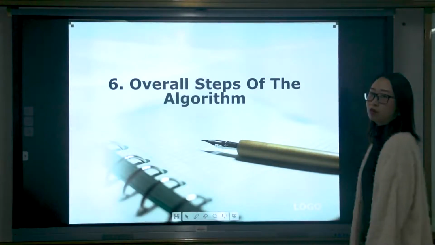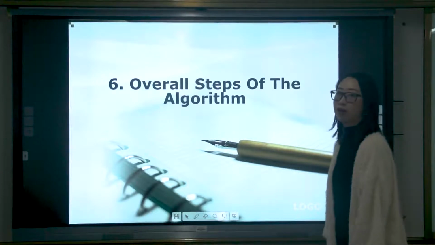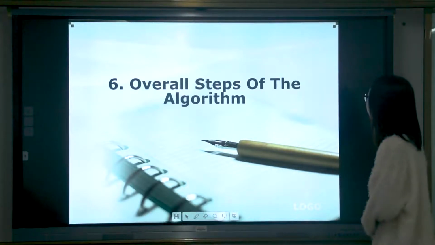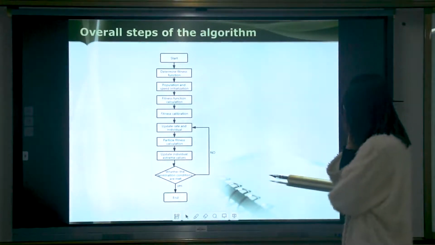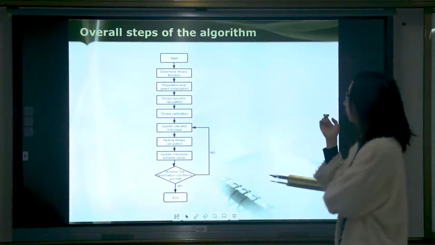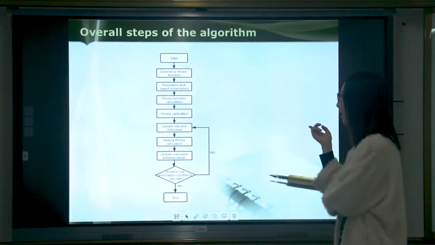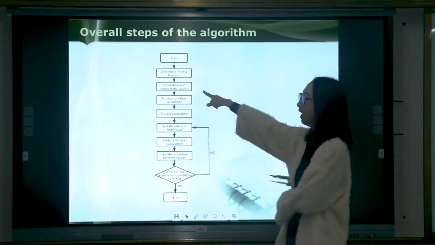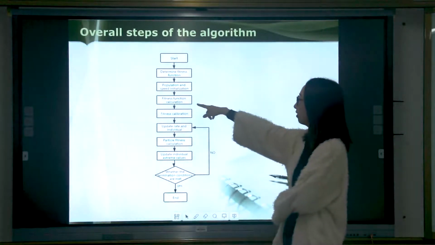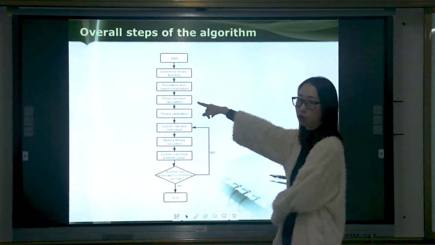And now I will introduce the overall steps of the algorithm process. As you can see, first we need to determine the fitness function, and then we need to initialize the population and save. The next step is the fitness function calculation.